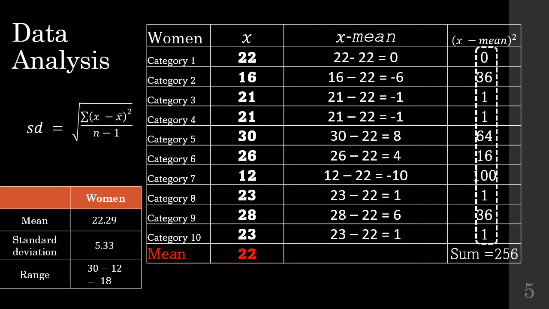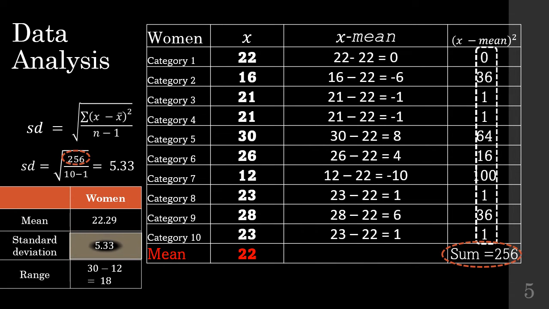And we're going to add all these numbers. So the sum was 256. Now we can plug it in the formula. So we're assuming the numbers are a sample. So that's why we're dividing by n minus 1. So the standard deviation is 5.33.